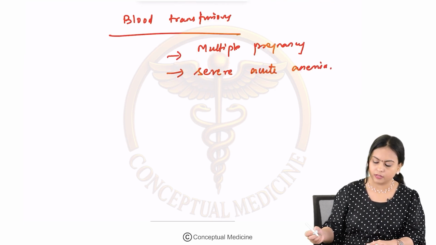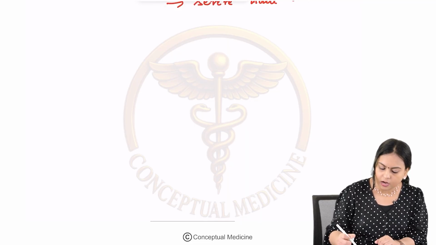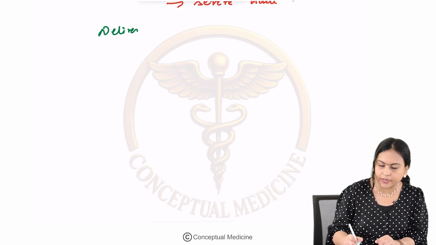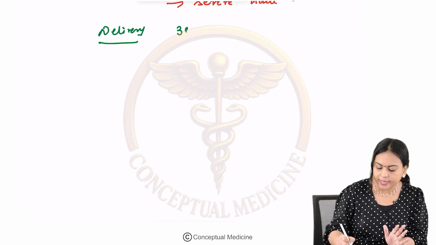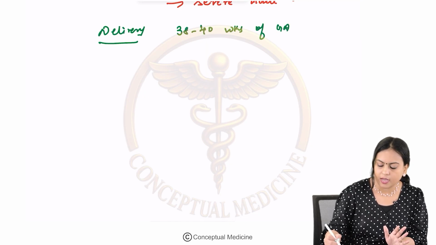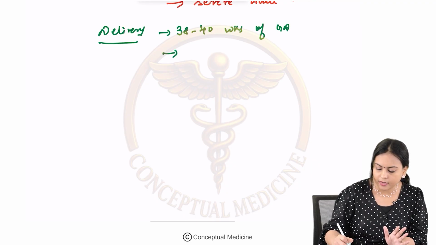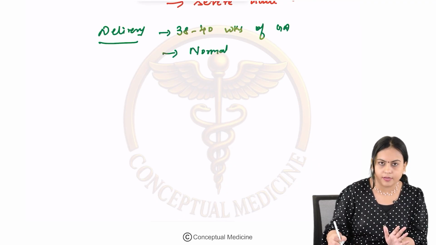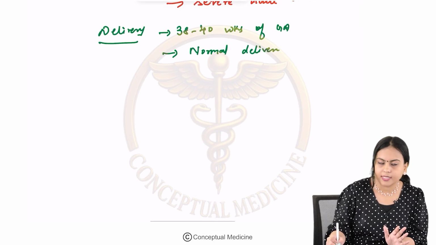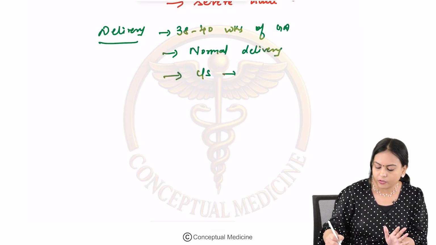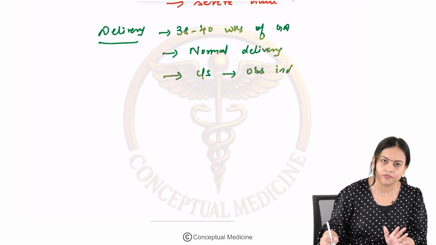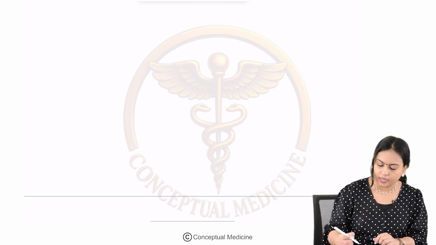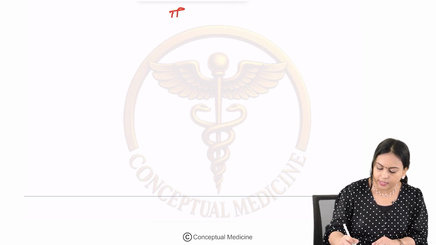Clear? And how are we going to plan delivery? Delivery should be planned ideally at 38 to 40 weeks of gestational age, and you are going to plan a normal delivery only. C-section is indicated only for obstetric indications. Clear? Next we will see about thalassemia in pregnancy.